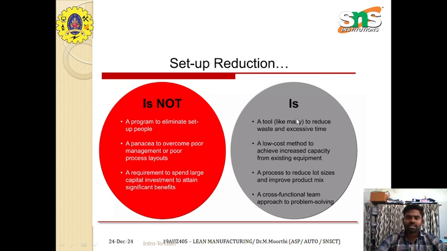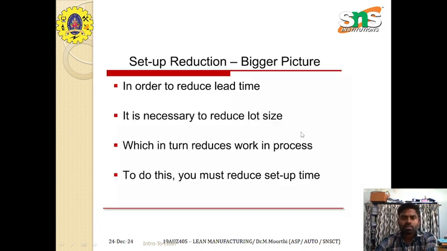And the factors that we have to follow are: a tool to reduce waste and excessive time, a low cost method to achieve increased capacity from existing equipment, a process to reduce lot sizes and improve product mix, and a cross-functional team approach to problem solving. So these are the factors that do not have to be in the process, and these are the factors that we have to follow in the process.